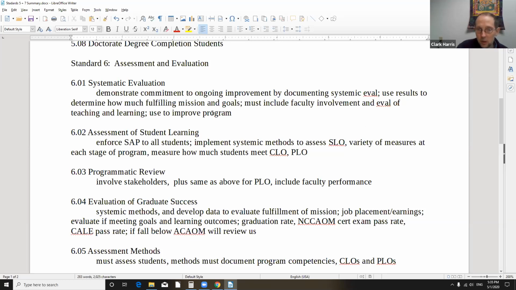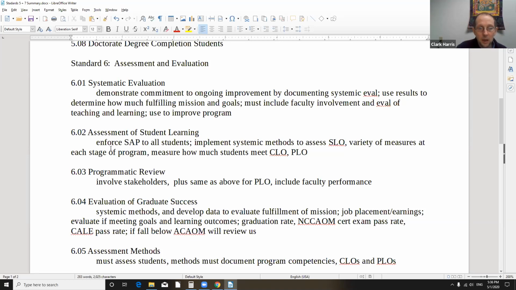That's actually one of the key points. They want to make sure that when we do our evaluation and assessment, we actually acknowledge what we did last year and the year before and use that to improve, instead of just saying, okay, we saw that we failed and we're not going to do anything about it. We need to see where we failed and actually use that to do better.